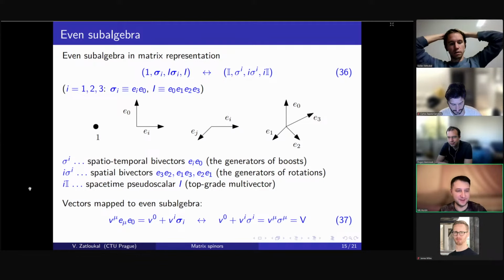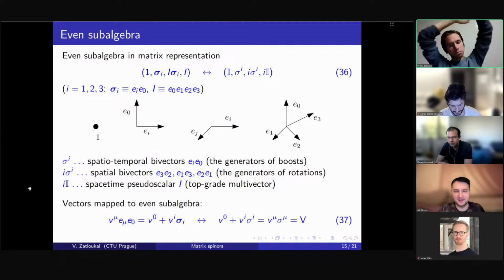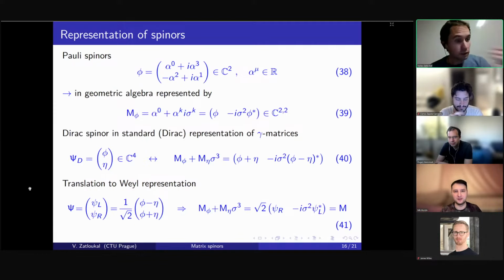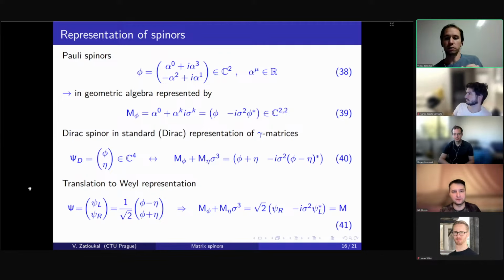Maybe it's not really important, but the fact that it's an element of the even subalgebra is just. Yeah, but indeed, in the literature, one sees many ideals, but maybe for someone more algebraically minded, it would be more accessible. Well, there is a standard way to think about spinors, as I said, as even multivectors, and the standard correspondence between spinors like Pauli or Dirac spinors from quantum theory and those even multivectors.